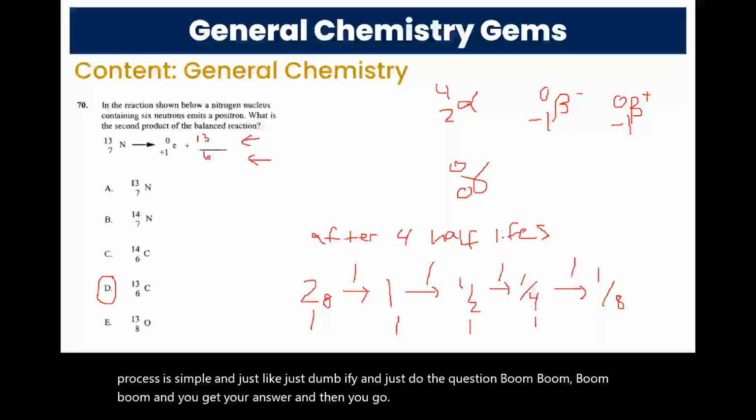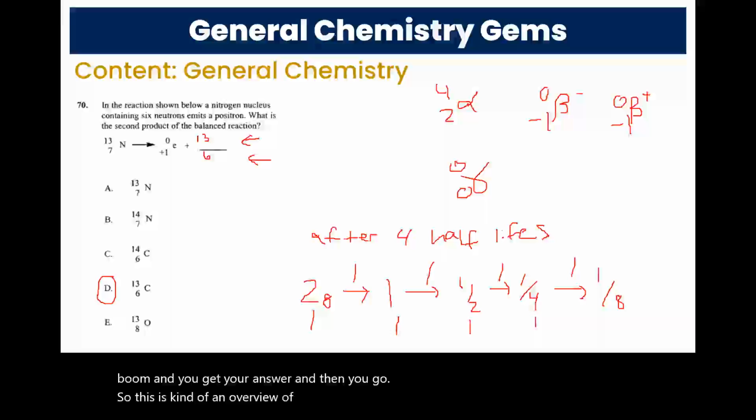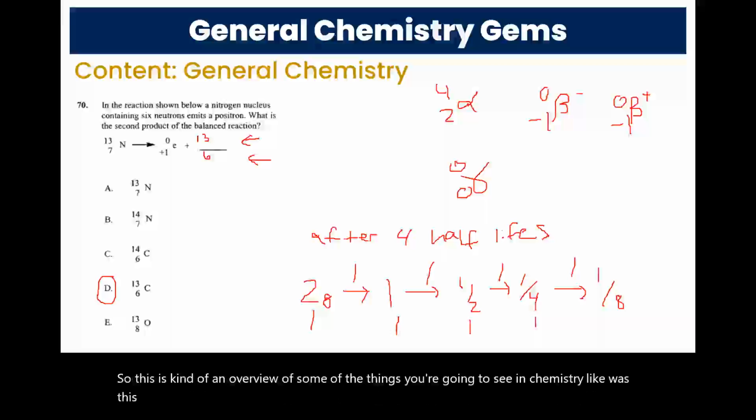So this is kind of an overview of some of the things you're going to see in chemistry. Was this the same as what we saw in biology? Did it feel the same?